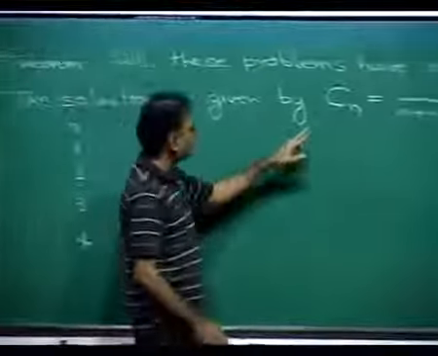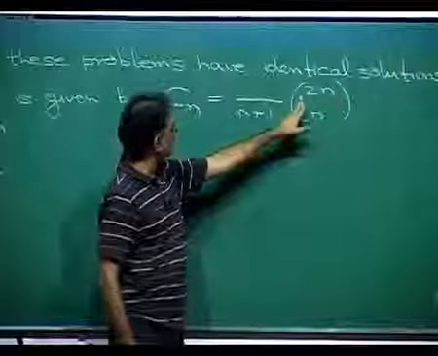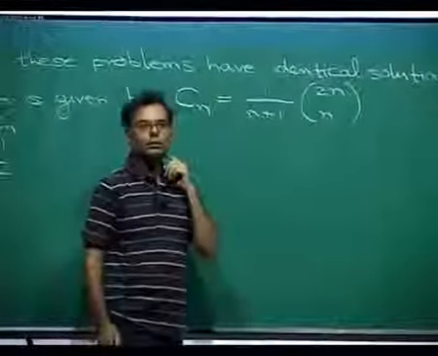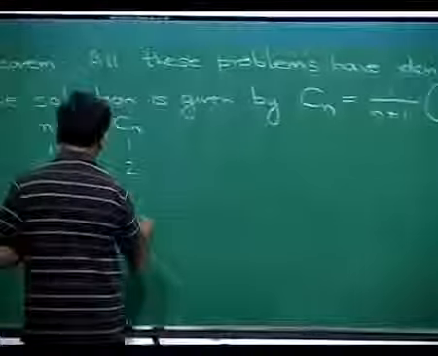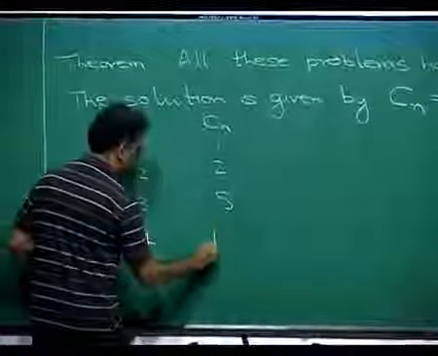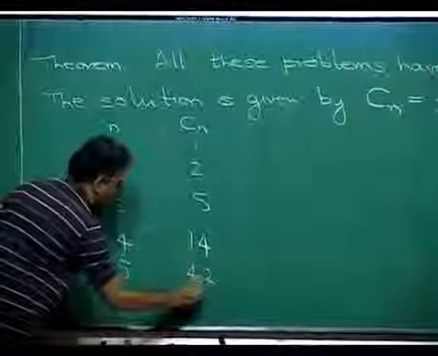And when n is 3, 1 over 4, 6 choose 3, is it? Yeah, 6 choose 3 is 20, and 1 over 4, 6 choose 3 is 5. Then 14. When n equals 5, it turns out to be 42.